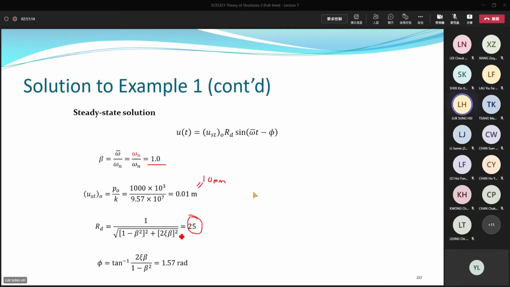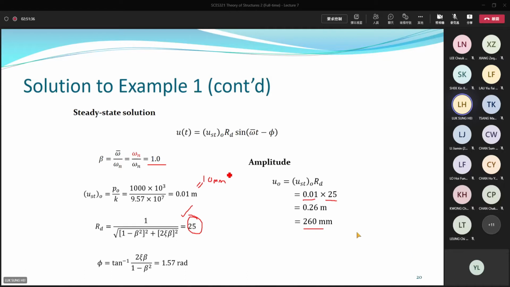RD is equal to 25. 25 means there is a big amplification effect. The vibration amplitude is now equal to the static one times RD. RD is equal to 25. So the displacement jumps to 260 millimeters.